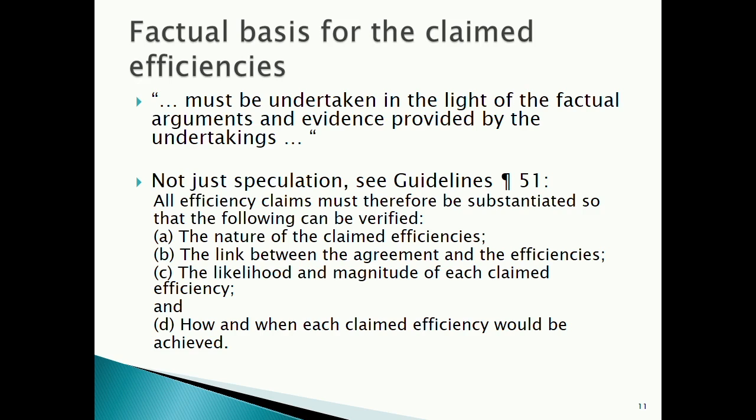How big are these savings, the efficiencies? Are they certain? Okay. How and when will each efficiency be achieved? Sometime in the future doesn't work. This will take about 3 to 5 years to show. This might take another 10 years. Sometime in the future is vague hand waving.